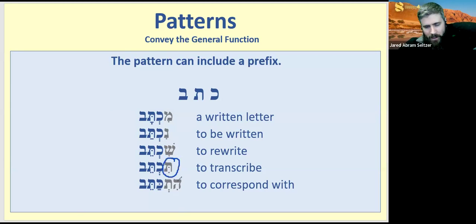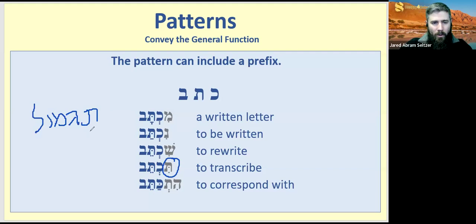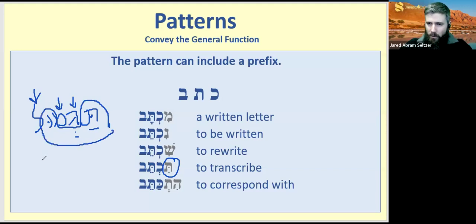Tav can be tacked on to a root to create a new meaning, but it can also tack on to be part of the pattern, like tagmul. In the word tagmul, Gimel Mem Lamed is the root, and everything else is the pattern. This is some sort of abstract noun related to the root.